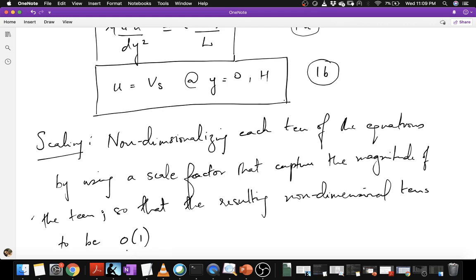So that's the meaning of small o of 1, that the magnitude of the term is at most around a value of unity. And what is the benefit of this? The benefit of such a procedure is that in the resulting non-dimensional equations, you can tell the importance of terms by comparing the dimensionless groups that precede them. And we will see this in action now.